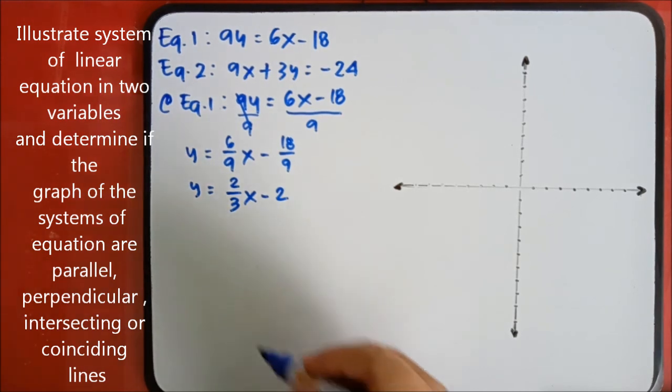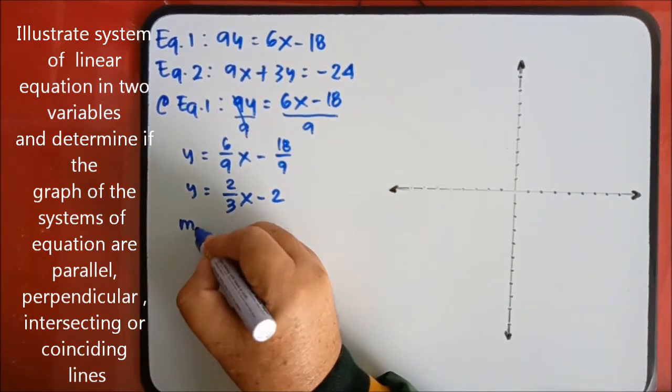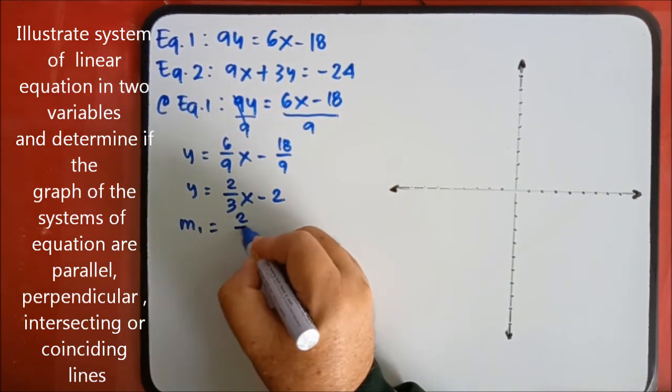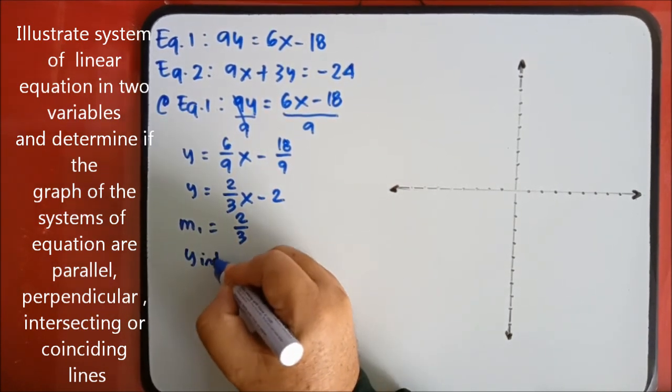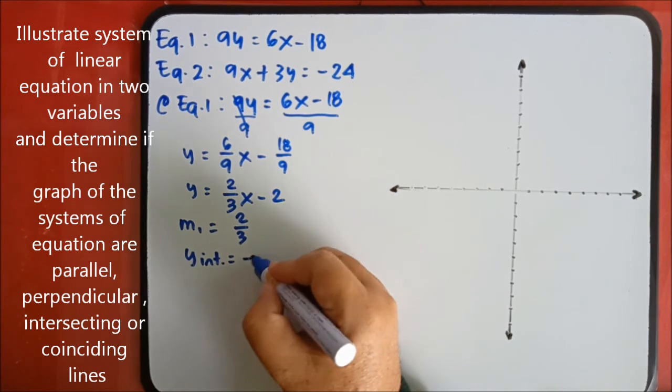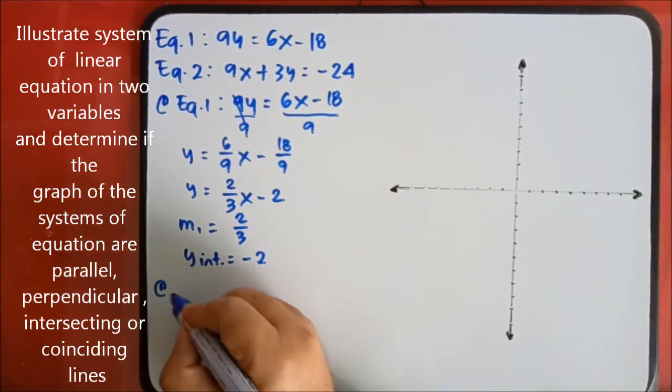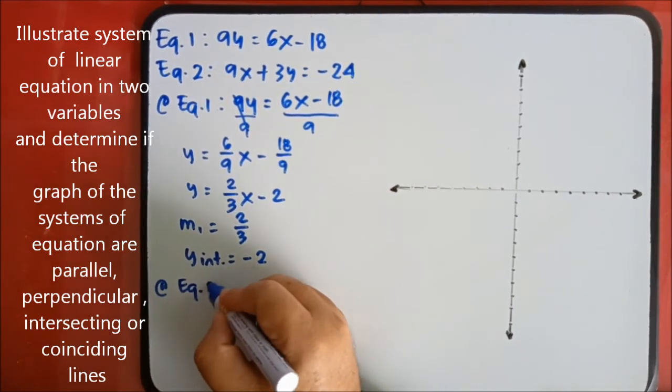Okay, so your m sub 1 is 2/3 and your y-intercept is -2.